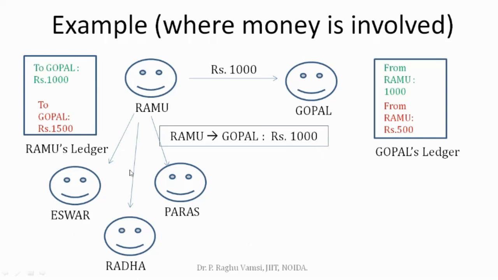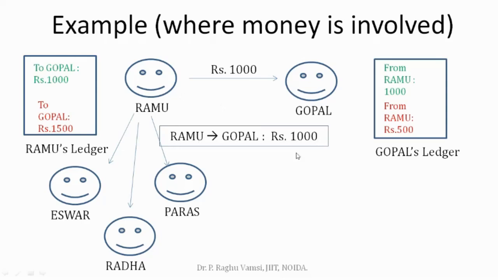Whenever these three witnesses have felt that this particular transaction is correct, then it is said that Ishwar, Radha, and Paras, who are the witnesses, have reached a consensus on the transaction that happened between Ramu and Gopal, and if the consensus is accepted, this particular transaction will be committed.